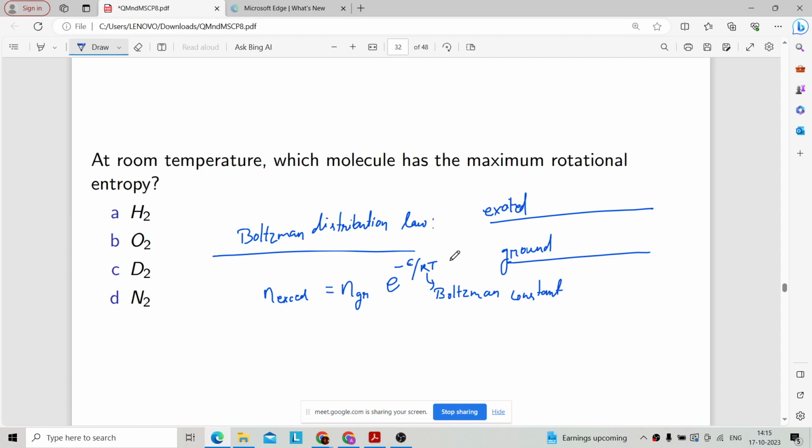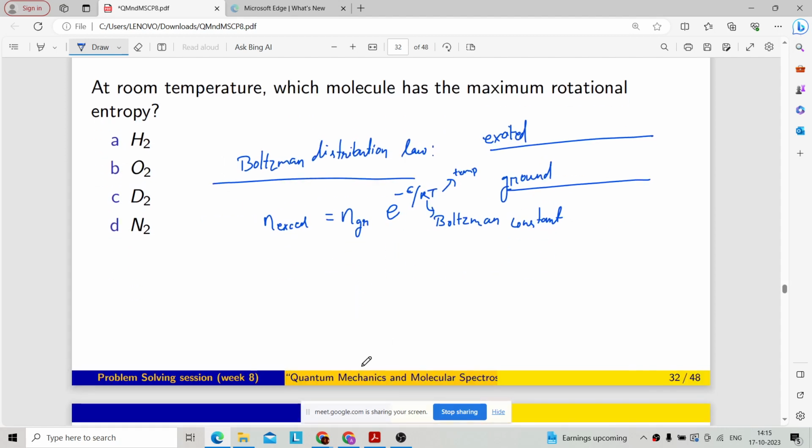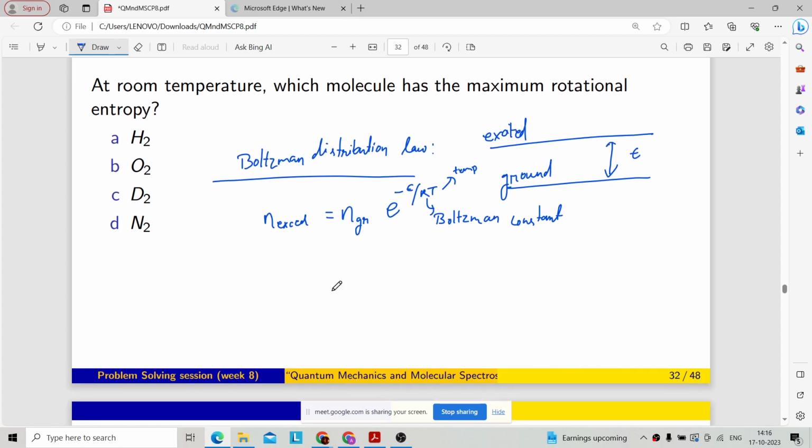And T is the temperature, and epsilon is the energy separation between the ground state and excited state. Epsilon is epsilon excited minus epsilon ground.